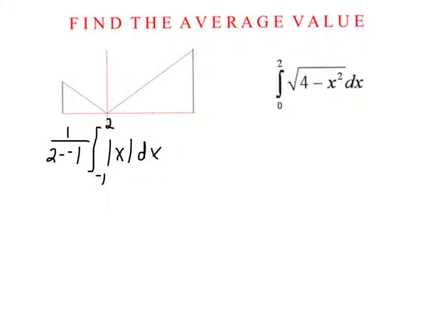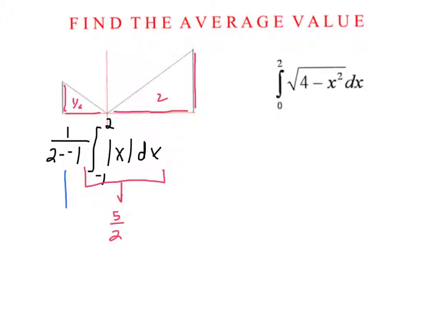This is the average value. Well, the area here is a triangle that has a base of 1 and a height of 1, so this is 1/2. Here we've got a base of 2 and a height of 2, so this is 2.